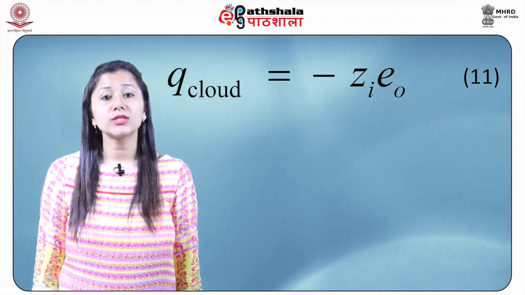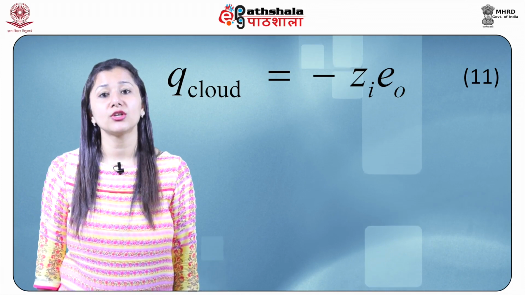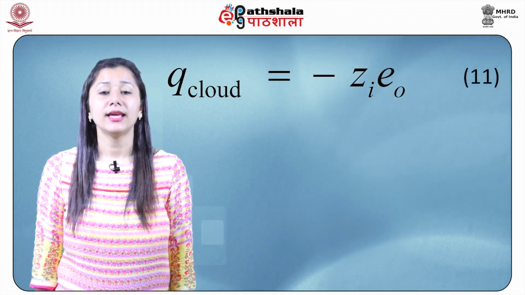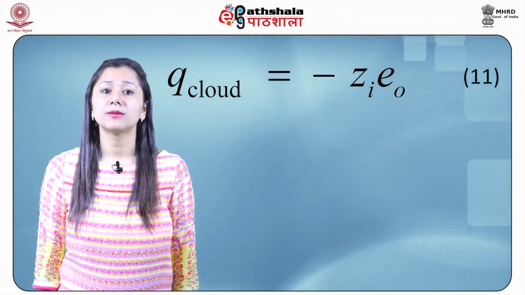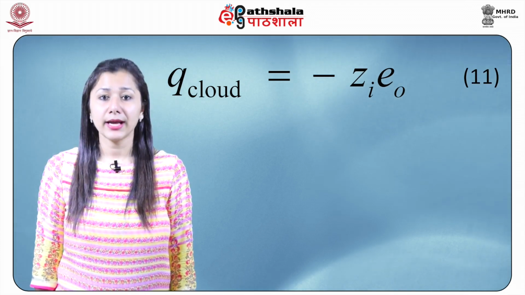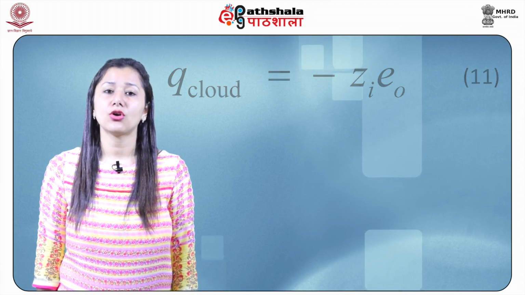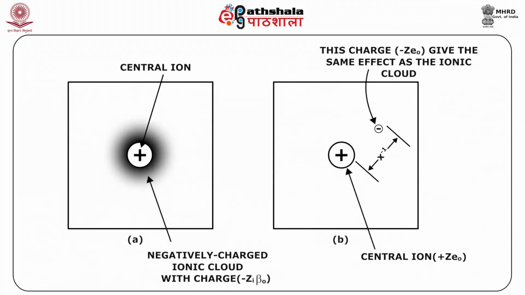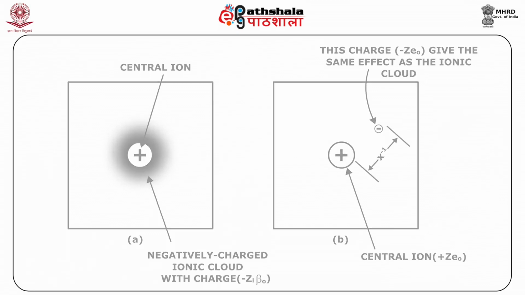Equation 11 shows that a central ion of charge plus Zi e naught is enveloped by a cloud containing a total charge of minus Zi e naught. This has been shown in the figure, which depicts that the total charge minus Zi e naught on the ionic cloud is just equal and opposite to that of plus Zi e naught on the central ion.